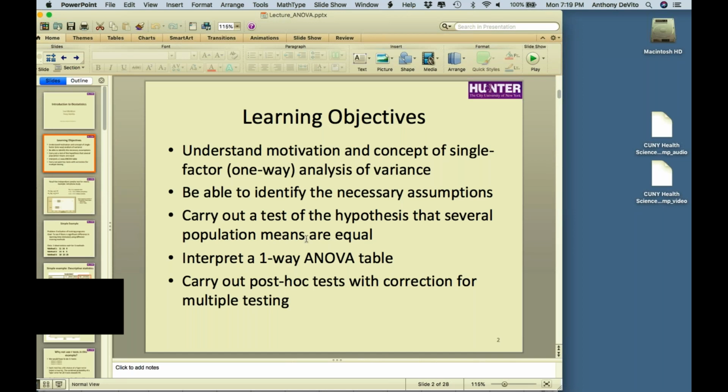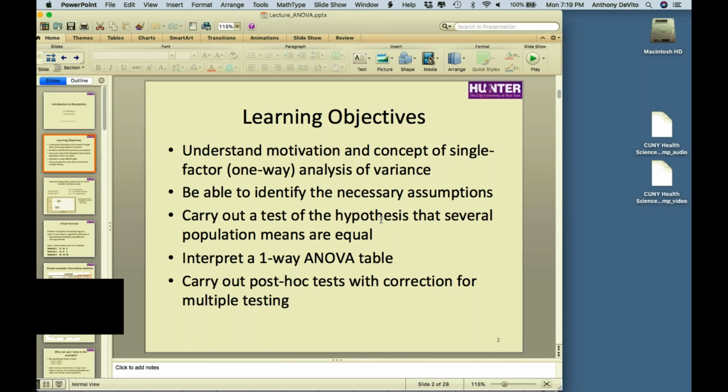We want to understand what the assumptions are, and there are some assumptions that we have to meet when we do this. We've seen this before for the t-tests, independent samples, and random samples. So there are going to be similar kinds of assumptions that we want to comply with. We're also going to want to know how to run and interpret the test.